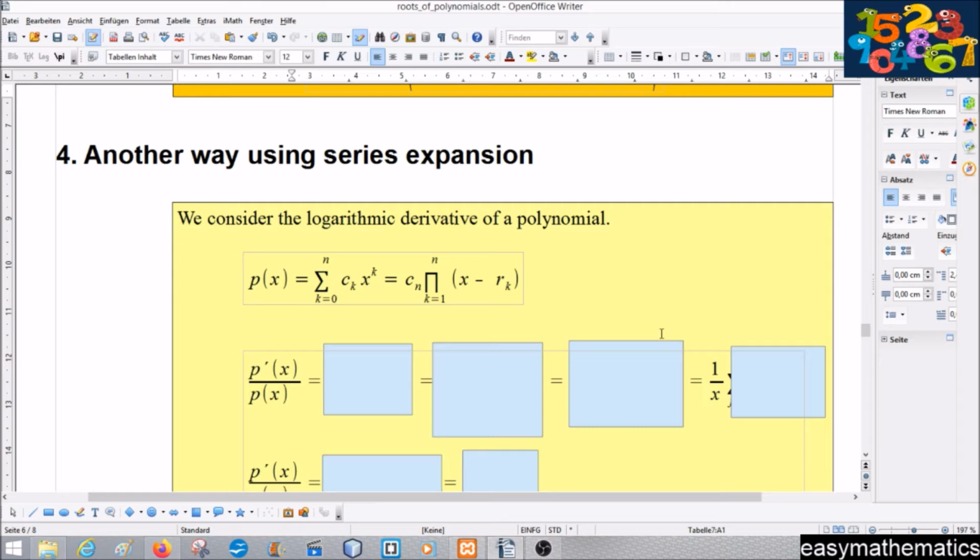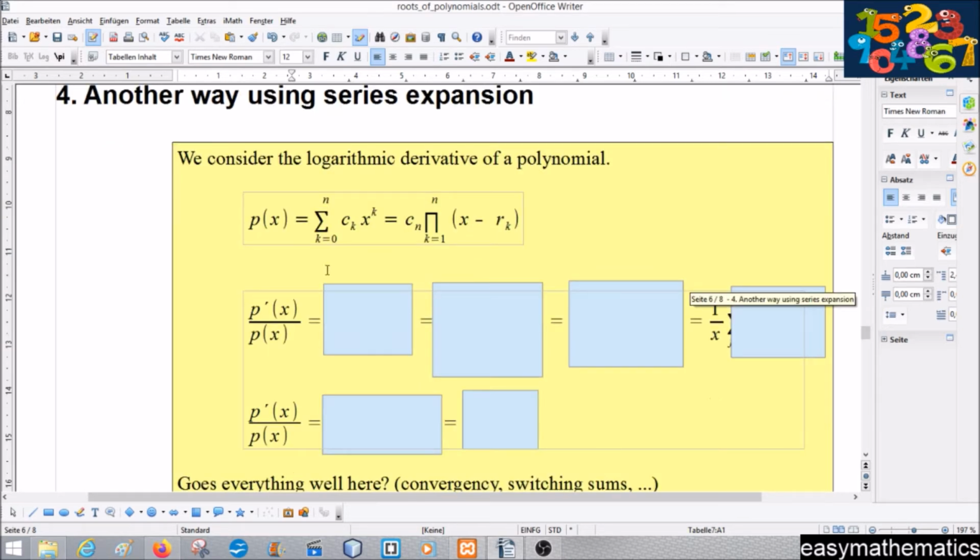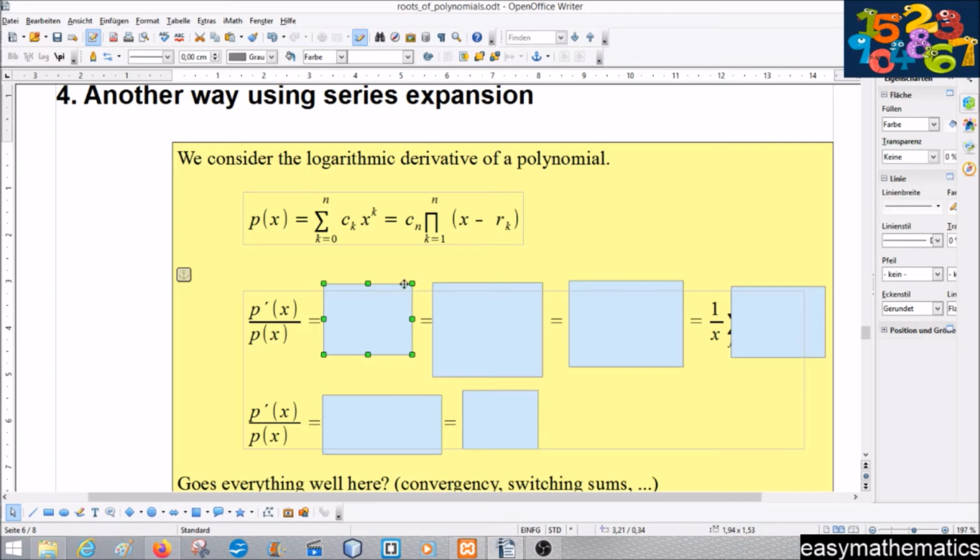that we consider the logarithmic derivative of a polynomial, and you will see why we do this. So we use here the factor form of a polynomial, and the logarithmic derivative of a polynomial, or in general of a function, is the derivative over the function.